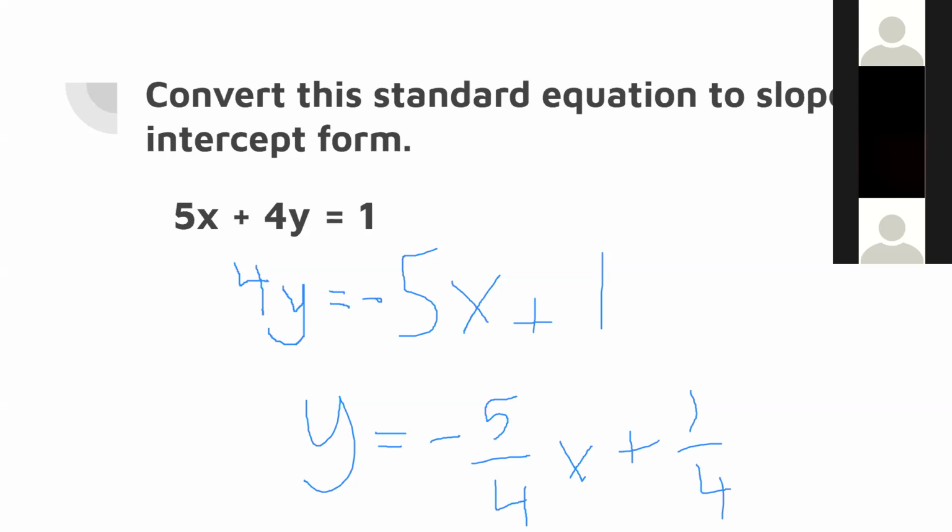Close. So remember what I think Rahul said? The x-intercept is when we set the y equal to 0. So we would set the y equal to 0. And then once we do that, we would get 5x equals 1. And from there, you know the answer, right?